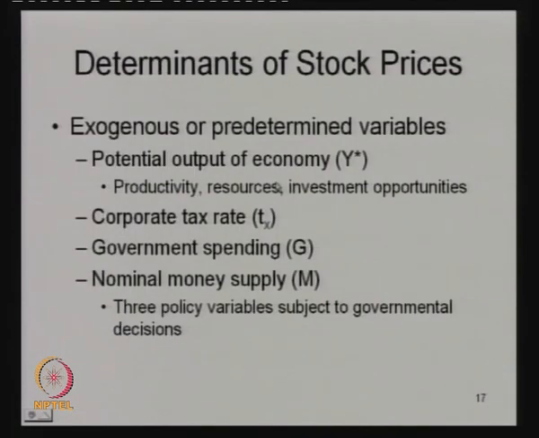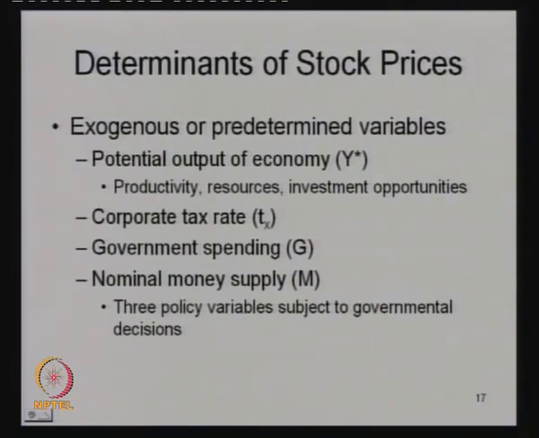Then we move on to other factors that affect stock prices. They are called different predetermined variables. There are different models available, given by different authors and researchers. But one of the models, a general model, says stock prices can be a function of the potential output of the economy, which is indicated by productivity, resources, investment opportunities and projects taken by different companies.